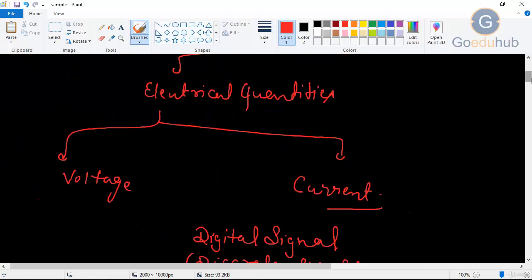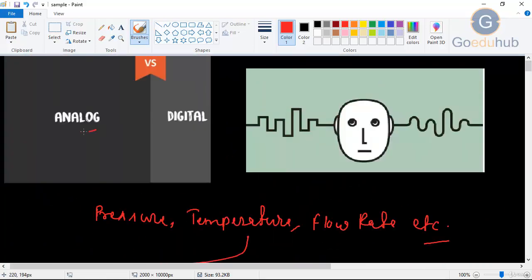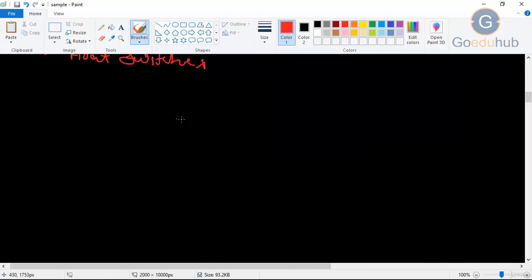Now, the second signal that we have is the analog signal. As we have seen, in a digital signal we have only two states, either 0 or 1, that means high or low. But analog signals are signals that can vary or change.